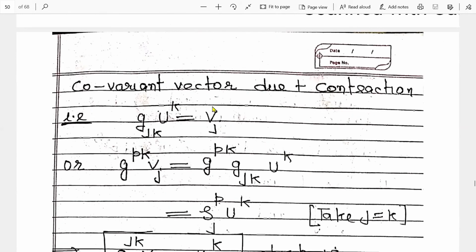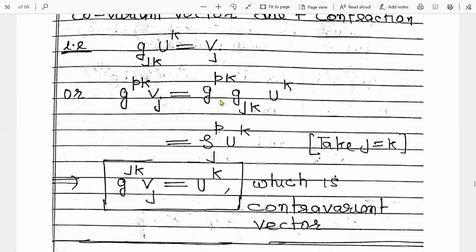Now if we multiply by G^pk on both sides, so G^pk V_j, now substitute the value of V_j, that is equal to this. So this will be equal to this. Now in this product, k is common, so this is a Kronecker delta of p and j.